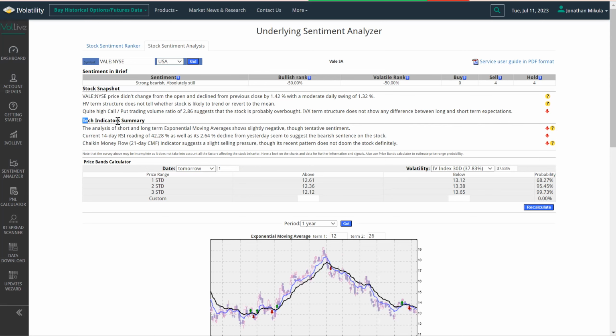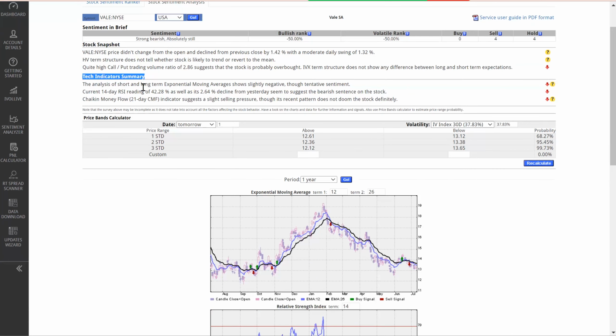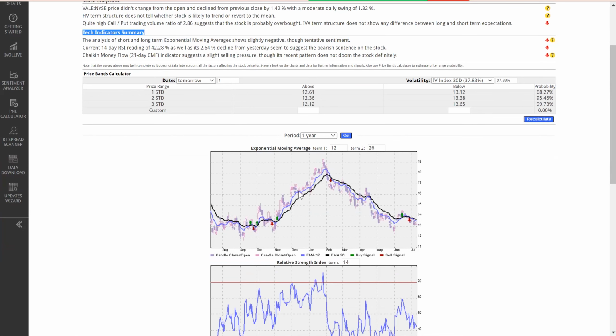And then this is really cool. If you're not really familiar with technical analysis, this gives you a snapshot of three of the most popular indicators, starting with the EMA, exponential moving average, which here is slightly negative. Here's the EMA, so you can see this is the price plotted against the moving average, and it's slightly negative.